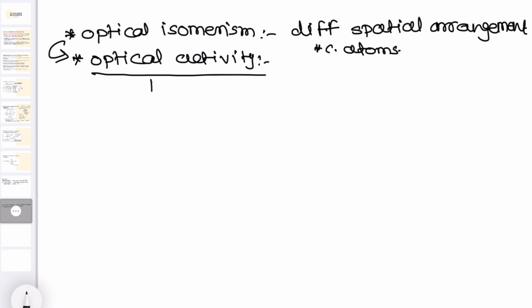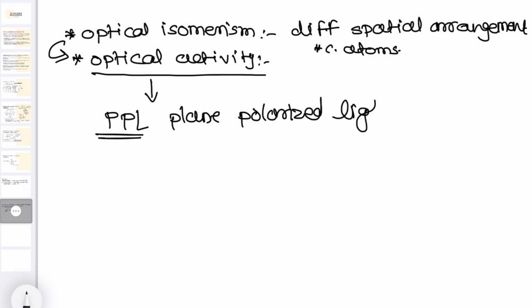To understand optical activity, we should know about PPL, that is plane polarized light. What is meant by plane polarized light? A beam of light vibrating only in one plane in space is called plane polarized light.